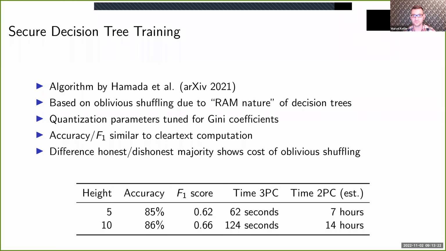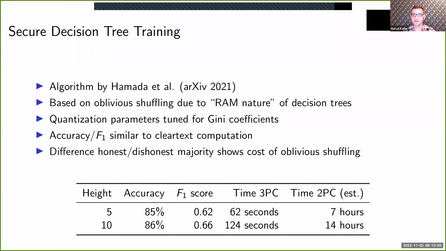So a lot more time. And this can really be tracked down to the cost of oblivious shuffling. By the way, all these figures are with semi-honest corruption and one party corrupted. So the difference here is that the three-party computation is honest majority and the two-party computation is dishonest majority, which makes this big difference.